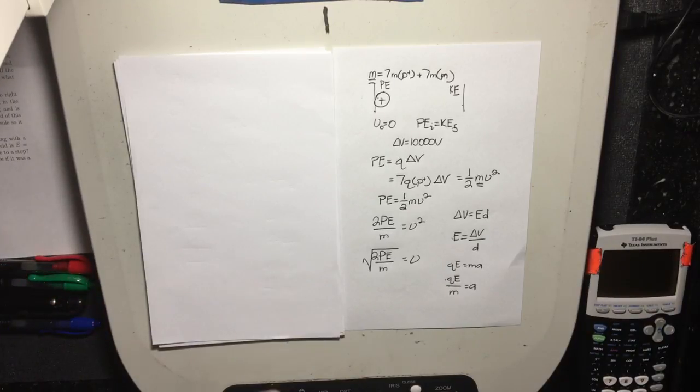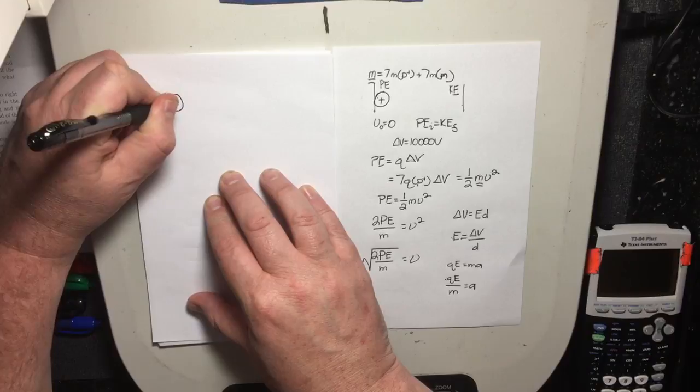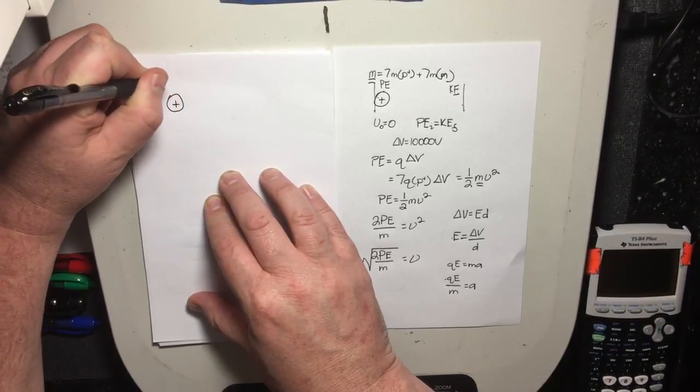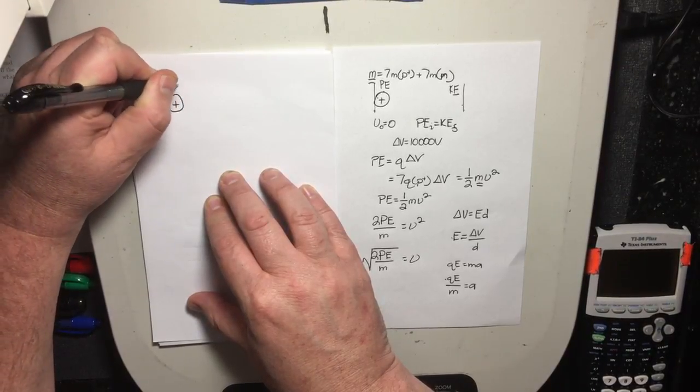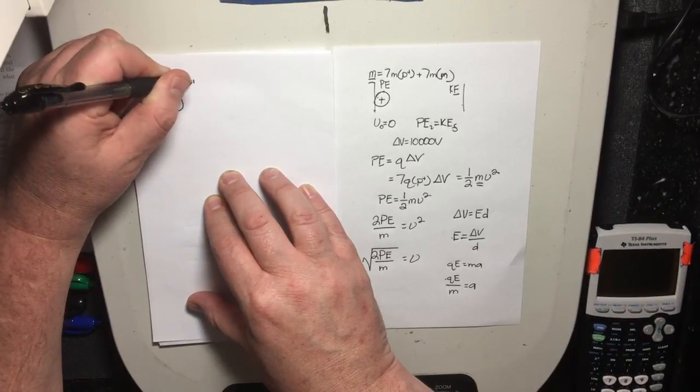Okay, number 2. Proton, which means you know what the mass is and you know what the charge of the proton is, heading directly at a nitrogen-14 nucleus. So the charge of this is 14 times the charge of a proton.